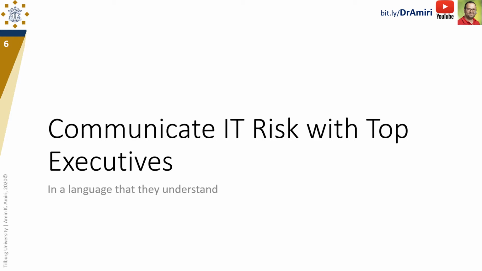The first thing that we can learn from the CIO, Jim Barton, and his direct reports was the way they communicated that materialized IT risk with top executives. They used language that was not that technical, and they were able to explain the various scenarios and issues in a way that these top executives could understand.